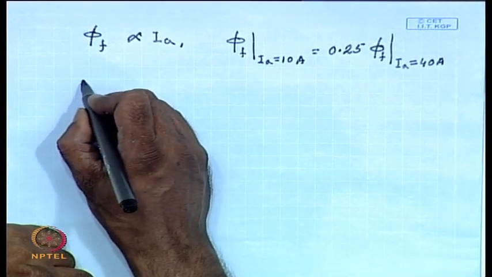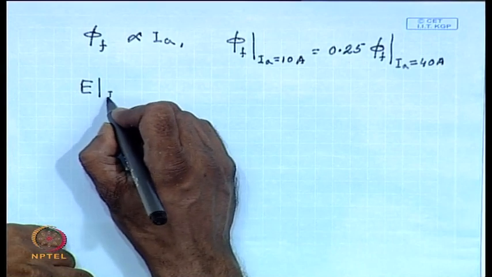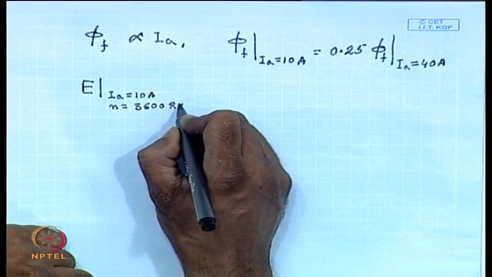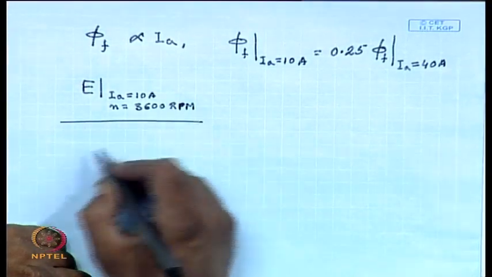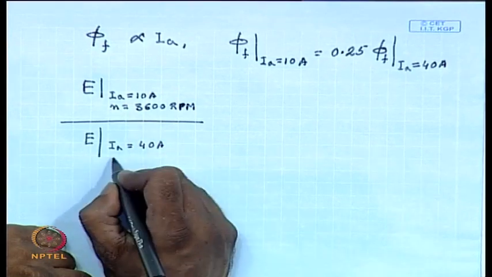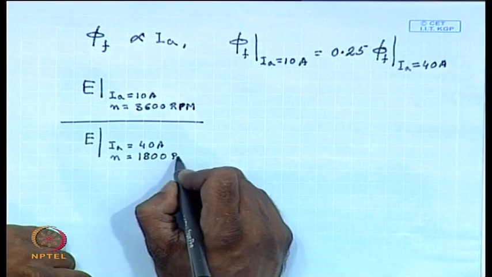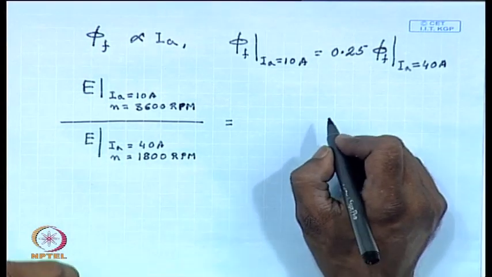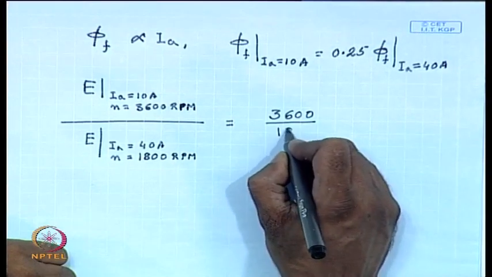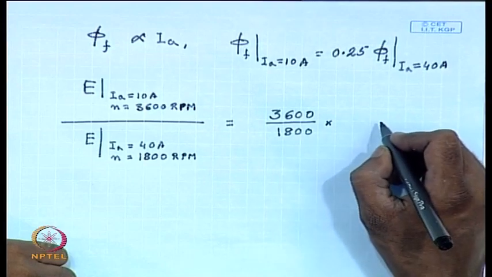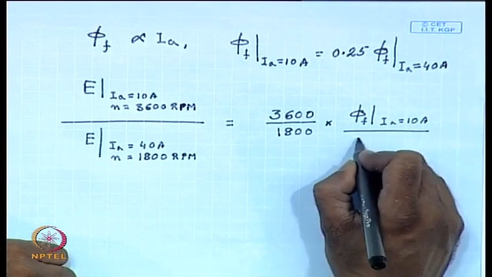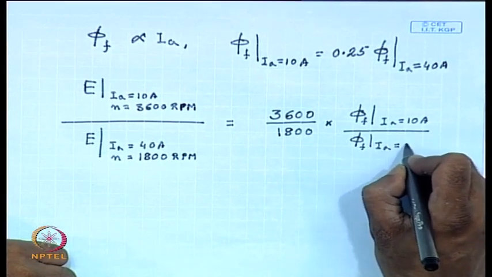Also, the ratio of E at I A equal to 10 ampere, N equal to 3600 RPM divided by E at I A equal to 40 ampere, N equal to 1800 RPM equal to 3600 by 1800 into phi f at I A equal to 10 amperes divided by phi f at I A equal to 40 amperes.